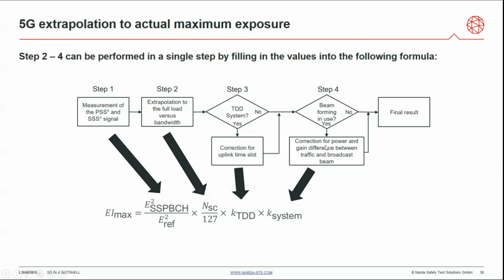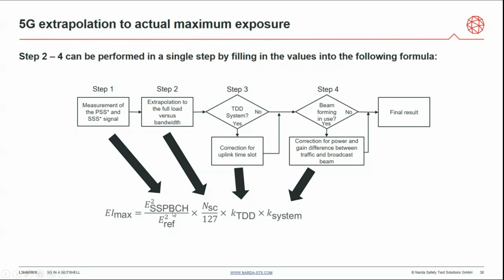With the last one, we found out that probably this approach is a flawed approach, so that we probably will not do the measurement of the PSS and SSS signals, but refer to other signals. I will come to that in the end. What is the latest status of that?